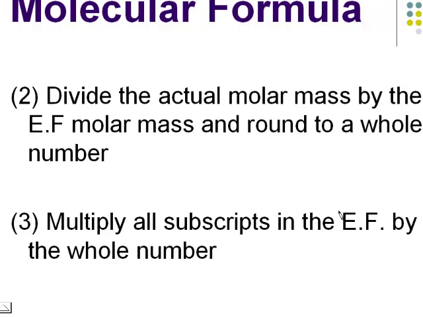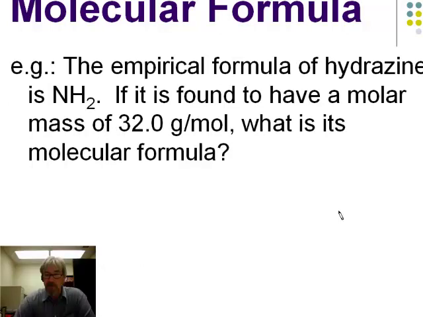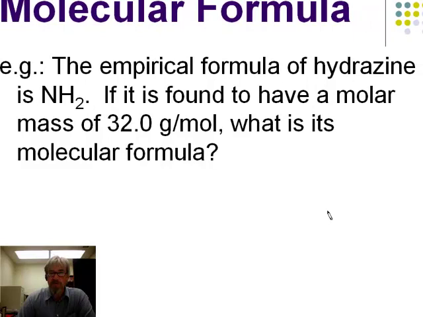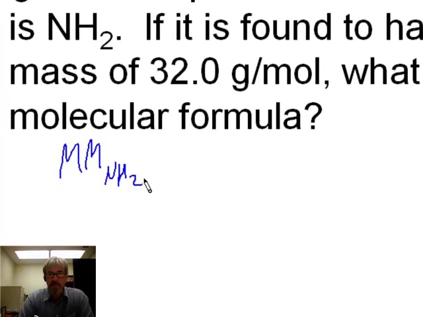Here's an example. The empirical formula of hydrazine is NH2. Its actual molar mass is 32 grams per mole. What's its molecular formula? Well, first I want to find what's the molar mass of NH2. One nitrogen is 14.007, 2 hydrogens at 1.008 each.